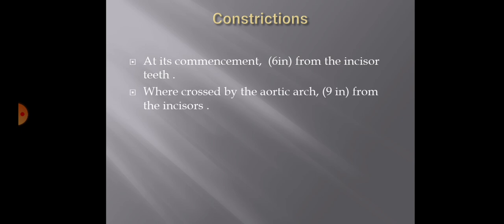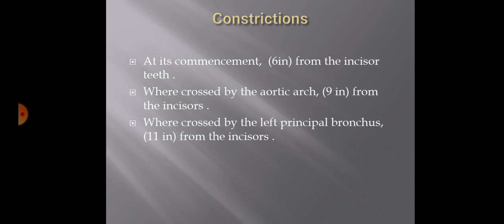has 3 constrictions. When you use a barium enema, you can see 3 constrictions. The first one is located at the beginning, about 6 inches from the incisor teeth. The second one and the third one are located in the thorax, where it is crossed by the aortic arch and the left bronchus.